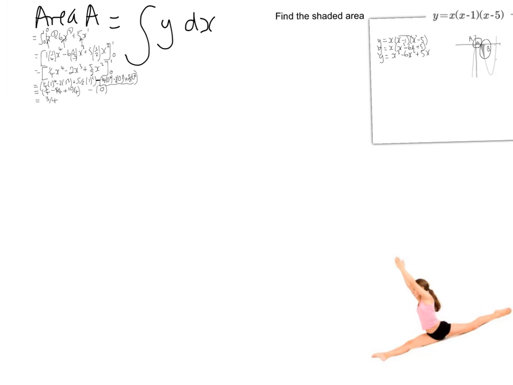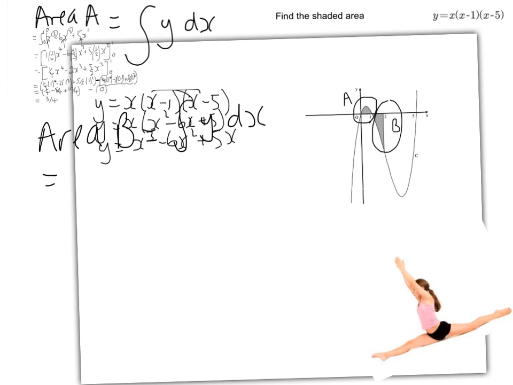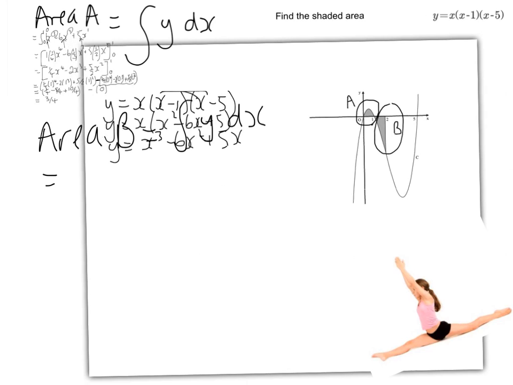And now what we'll do is we'll do the same for area B. Okay, so area B, that's the one underneath the axis, is the integral of y dx. Now, luckily, I've already done the integral, so I can skip. In fact, before I skip, let's have a look at my limits. So my limits for area B were between 2 and 1, weren't they?